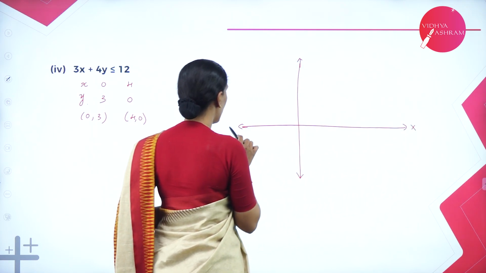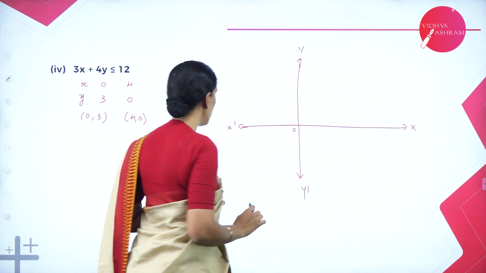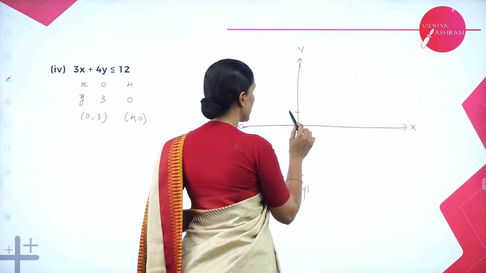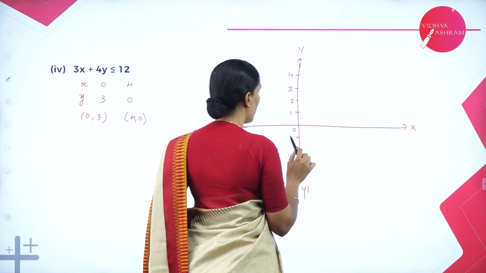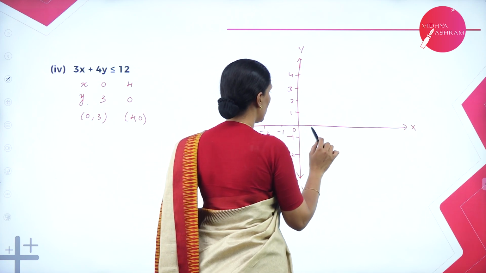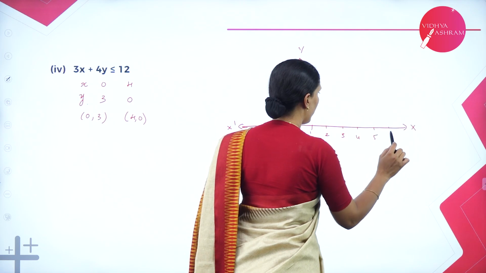So x, x dash, y, y dash with the origin. So we need to plot (0, 3) and (4, 0). Let's take this as 1, 2, 3, 4. Minus 1, minus 2, here minus 1, minus 2, 1, 2, 3, 4, 5, 6.